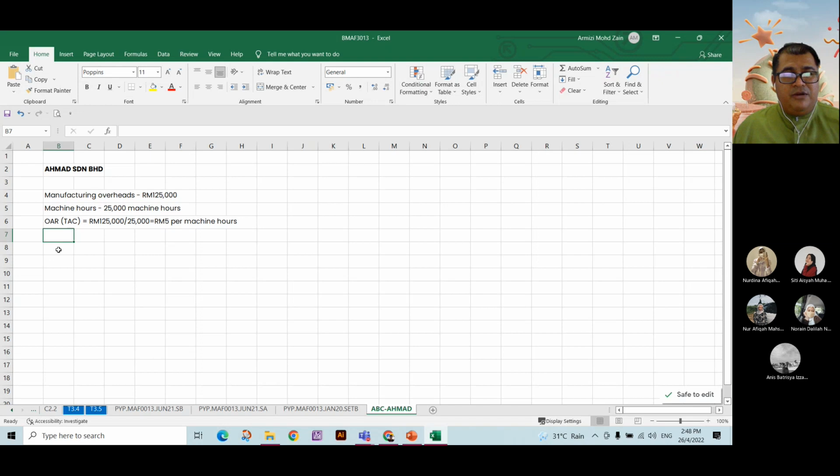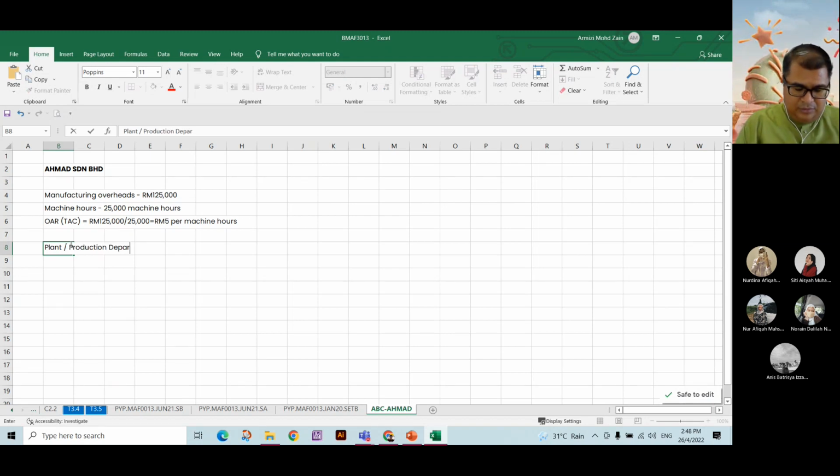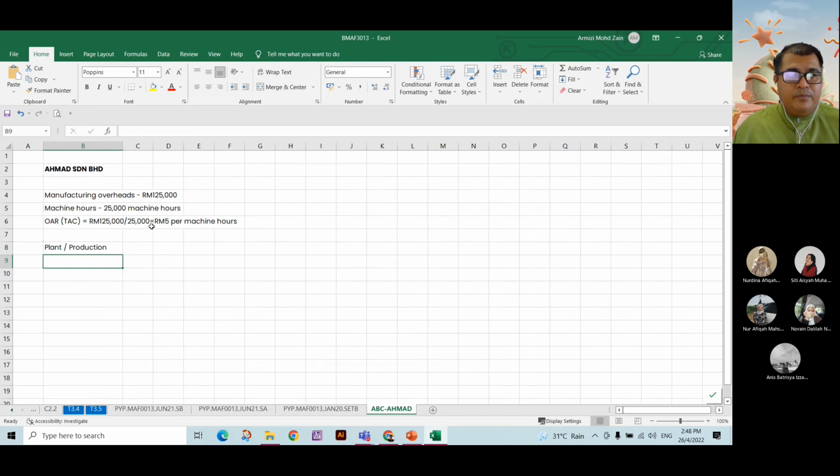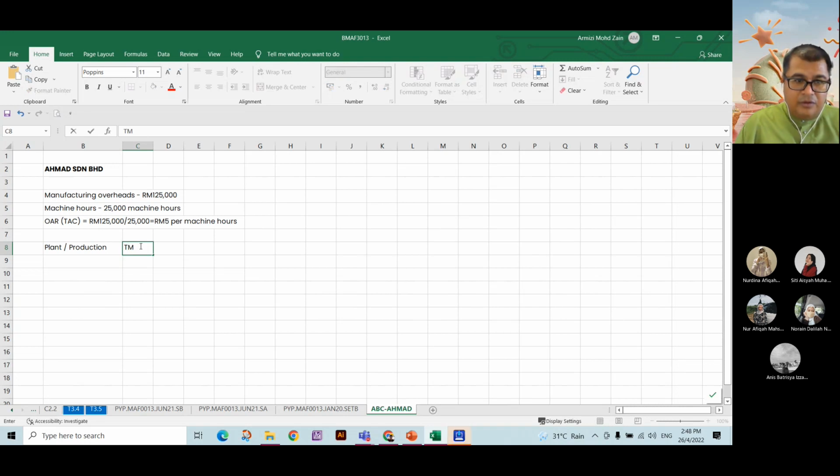So sekarang kita pecah pula. Okay. Untuk contohnya ini plant ataupun dia punya production. Ini plant dan production. Okay. Ini kita ada total manufacturing overhead in RM.